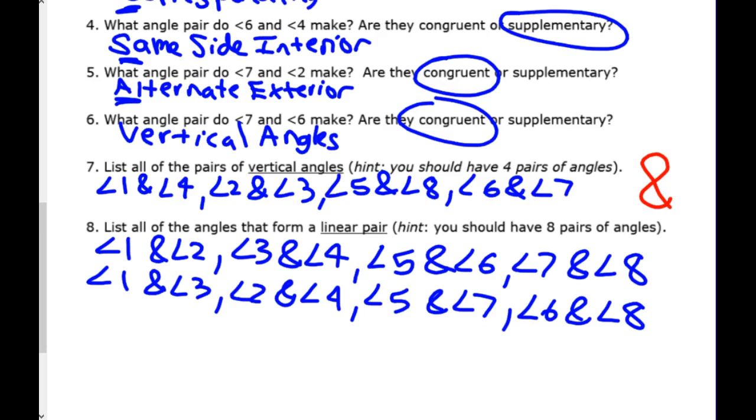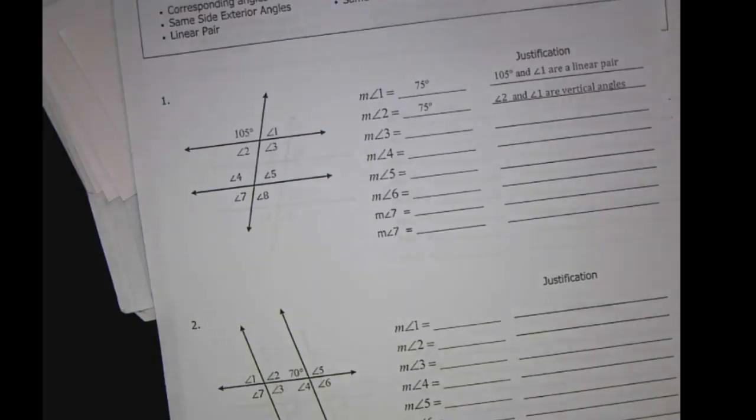Okay, so I'm going to pass out this assignment. Let me show you what I want on this real quick. One side.